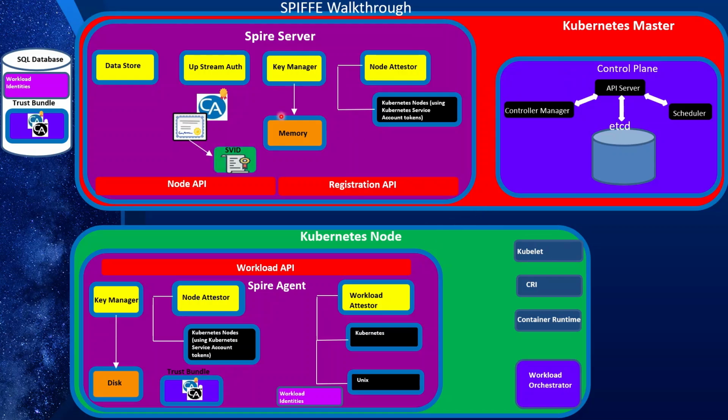Then the SPIRE server creates a SPIFFE ID, or basically an identity, for the agent itself. Now, every time the agent connects to the SPIRE server, it will present this SPIFFE ID as the proof of its identity.